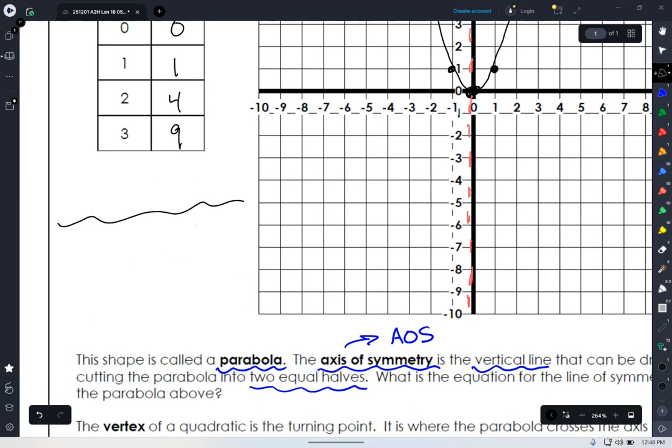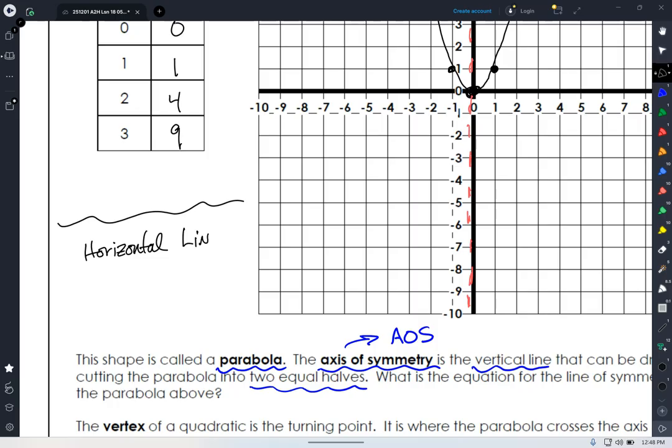All right, and let's remind ourselves a couple things. Number one, horizontal lines, this is linear functions, right, are always written in the form y equals, and vertical lines are always written in the form x equals, okay?